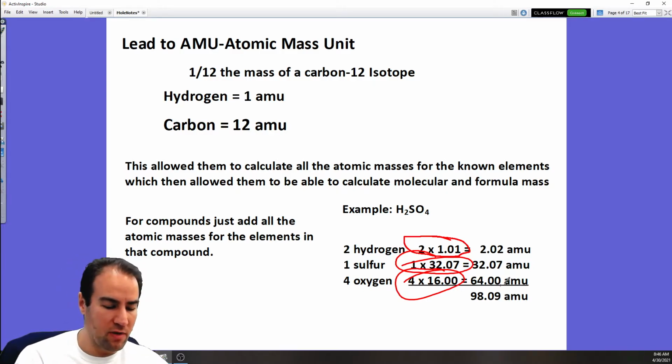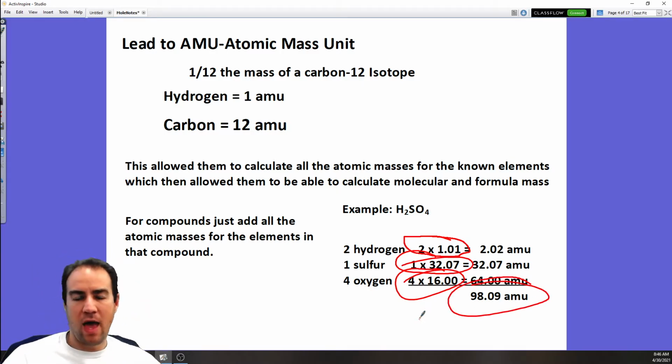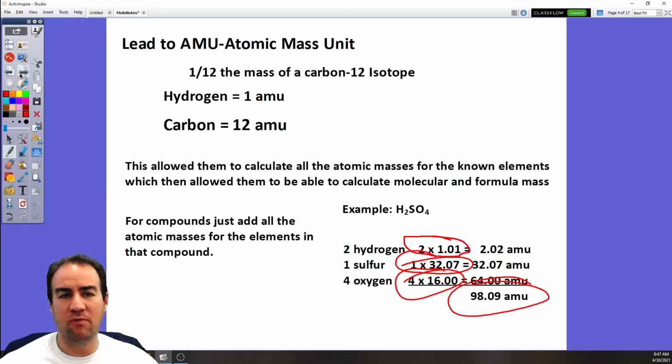You add those all together, and 1 molecule of sulfuric acid will have a mass of 98.09 AMUs. This is useful information, but it becomes even more useful when talking about molar mass.